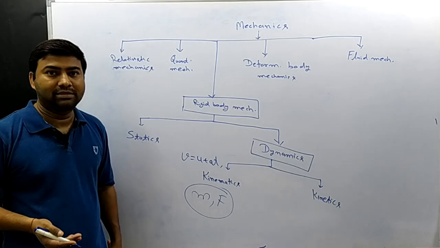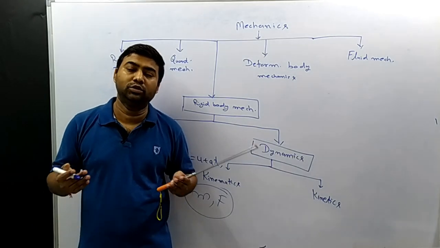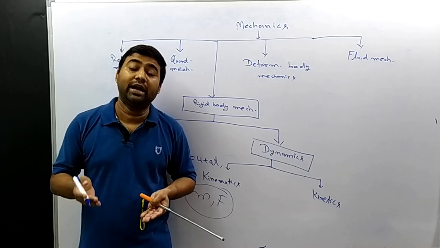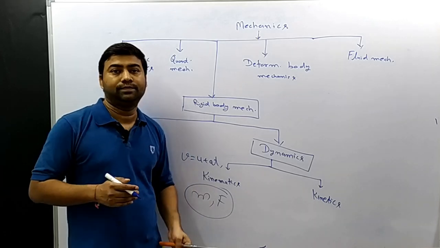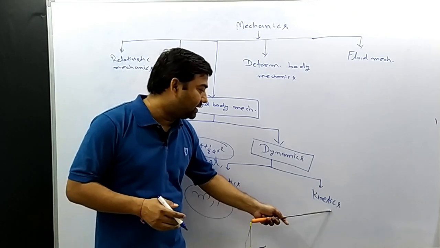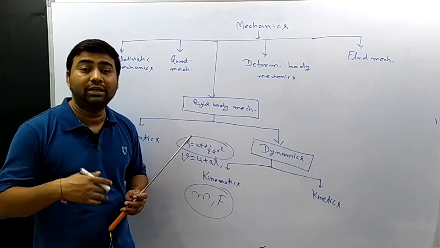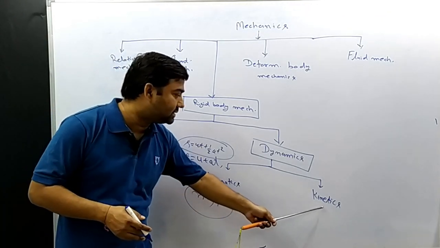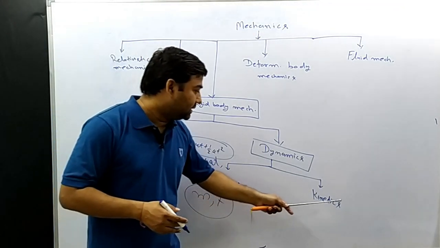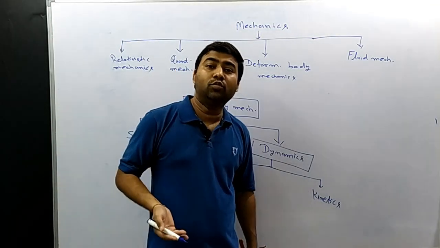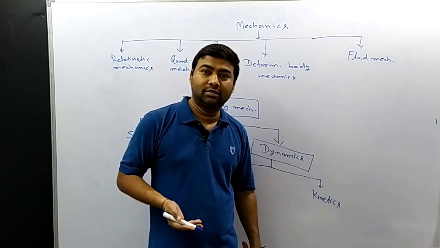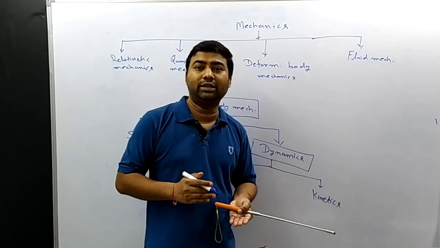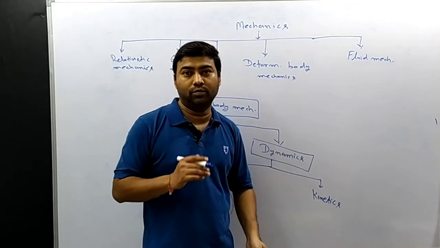So in kinematics, we study the motion and position of bodies without considering their mass and the forces acting on them. Whereas the second branch is called kinetics. This is kinematics and this is kinetics. In this branch, we study the motion of bodies with consideration of the forces acting on them and the mass of the body also.